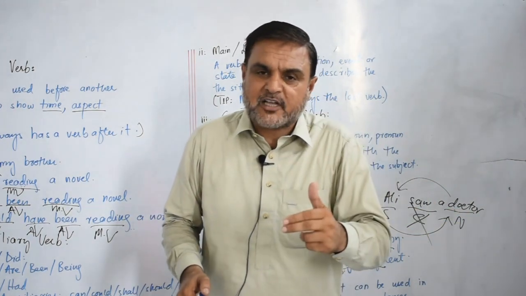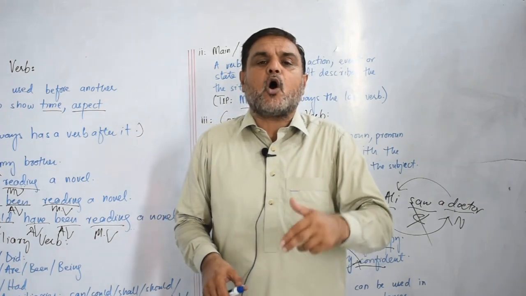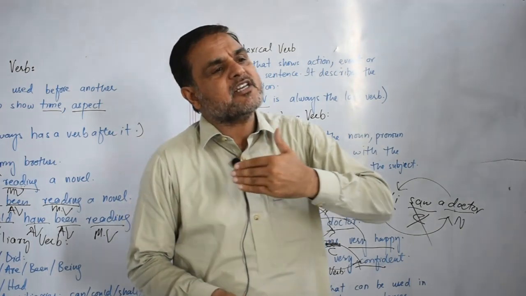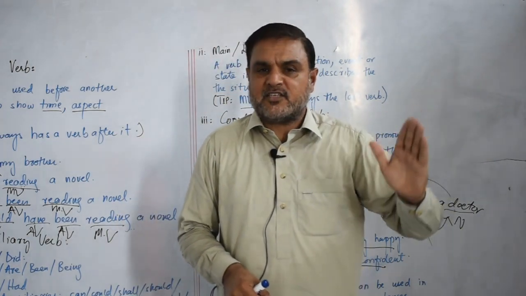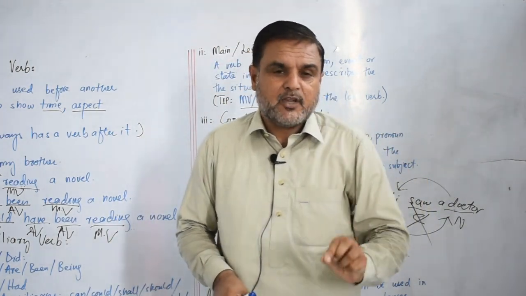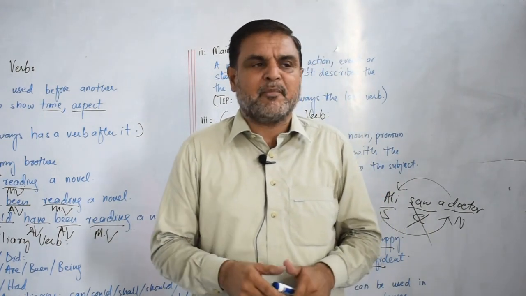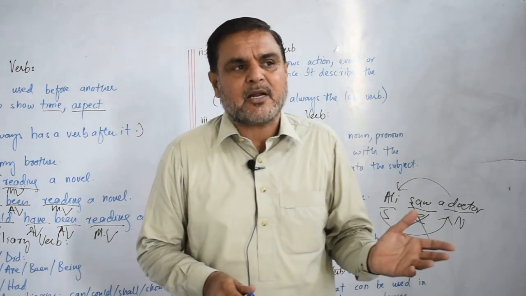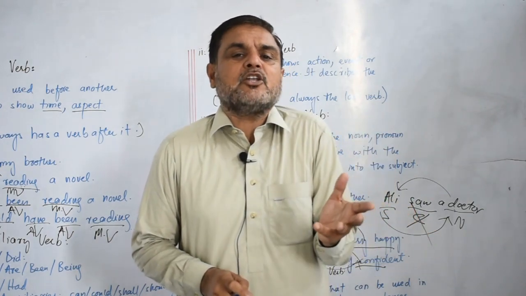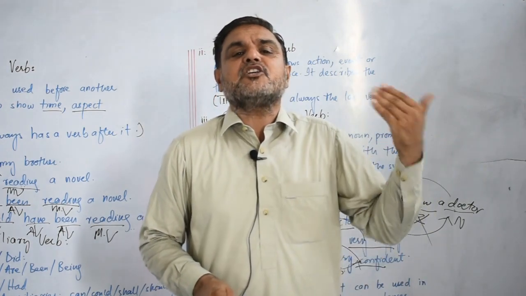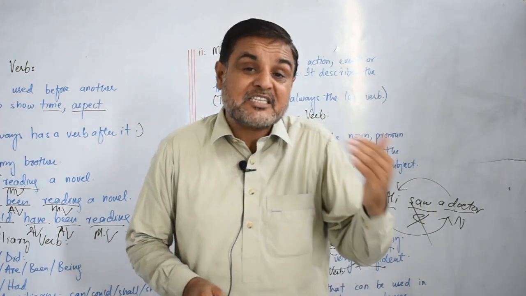And remember one thing, the overwhelming majority of the verbs in the English language are dynamic. You can easily use them in continuous tenses, in ing forms. But there are some verbs, though they are limited in number, that cannot be used, typically and traditionally, in continuous or progressive tenses.